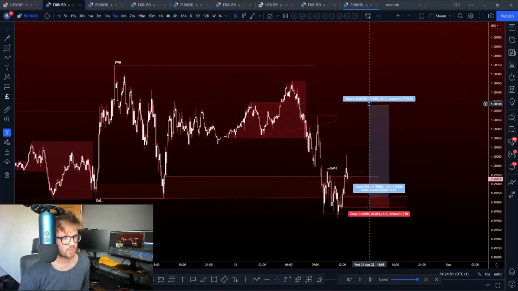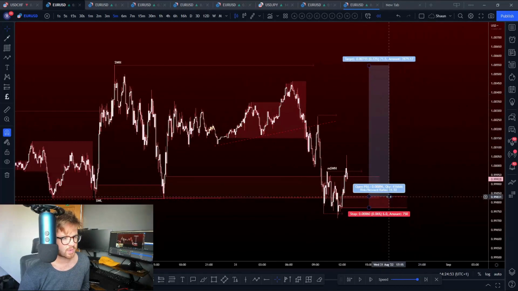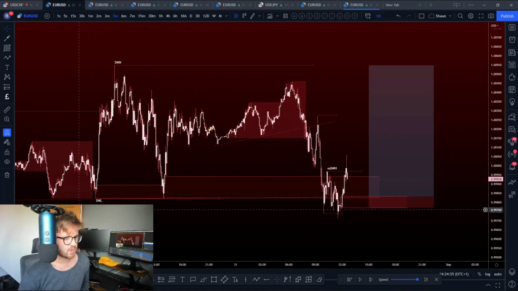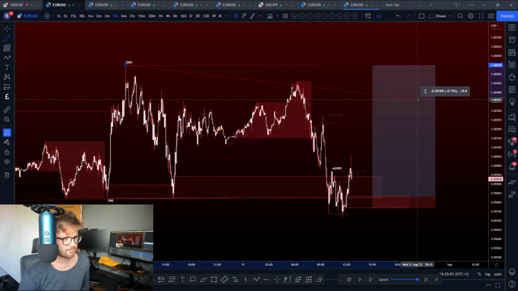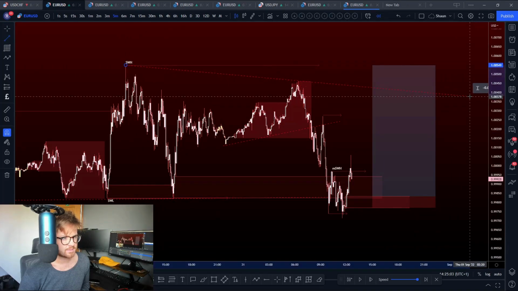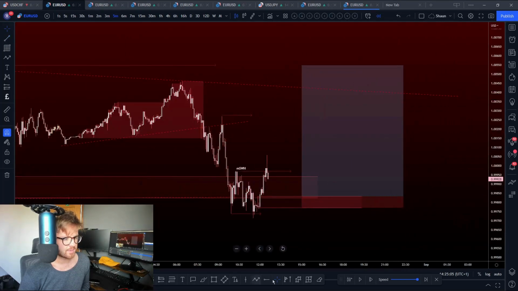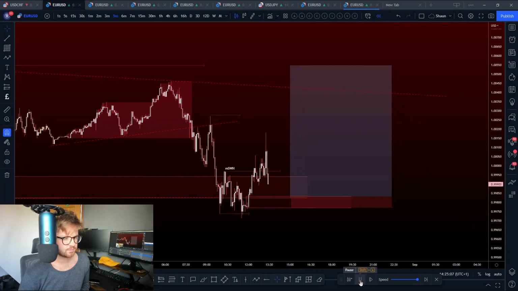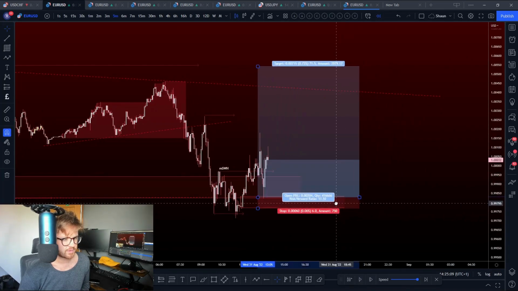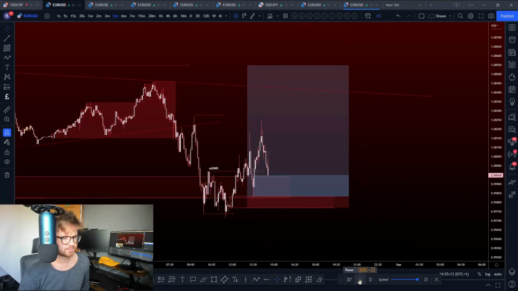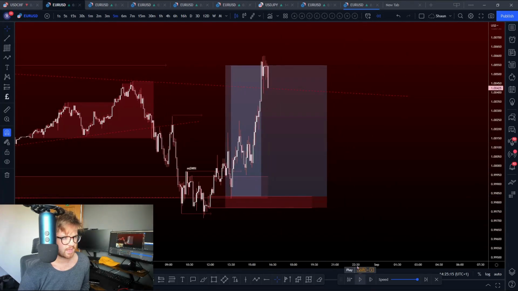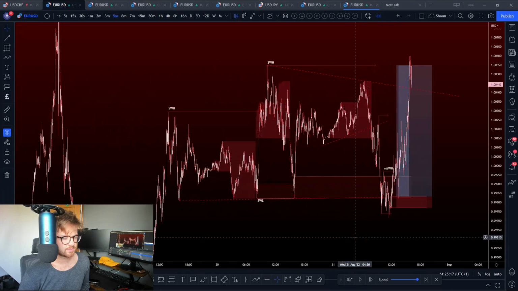And then what we'd like to do, guys, is target the swing high, just because we know that the momentum is currently bullish, and buy side liquidity building up above. Zone. And the order flow continues.